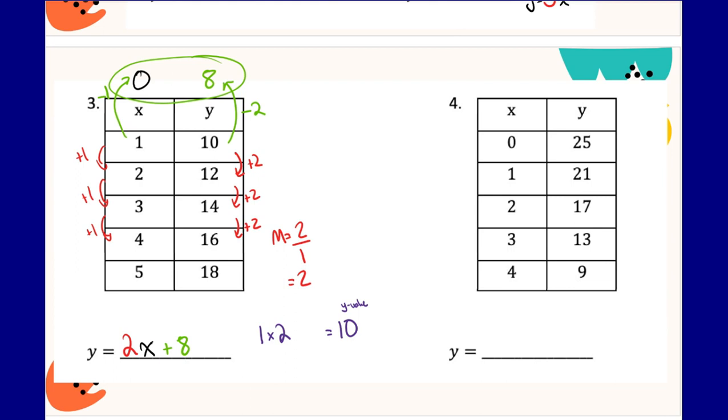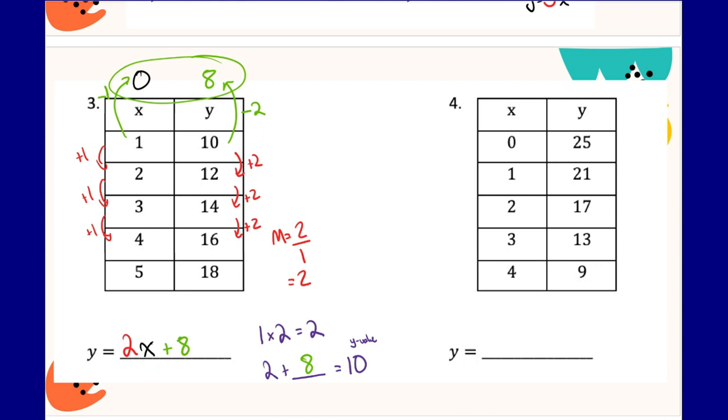It does not. 1 times 2 equals 2. So that means 2 plus something has to equal 10. Well, in this case, 2 plus 8 equals 10. So that 8 is our constant, or our b value. So there are different ways we could work through it. We could use our table of values to help us figure out what that constant is going to be, or we can use the pattern and work backwards.